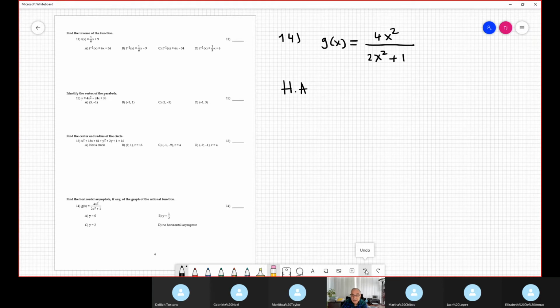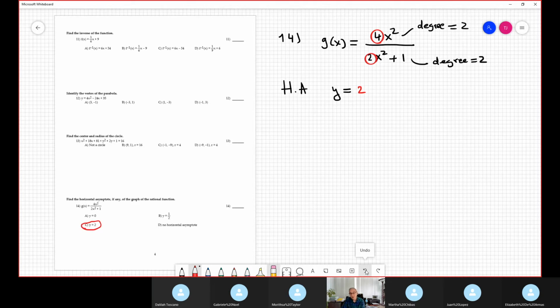You analyze the degree of the polynomials. In this case, the degree is 2, the highest exponent. When the degrees are the same, we have y equal to the division of the leading coefficients, 4 and 2. 4 divided by 2 is 2. Done. The answer is C. y equal 2 is the only horizontal asymptote we have.